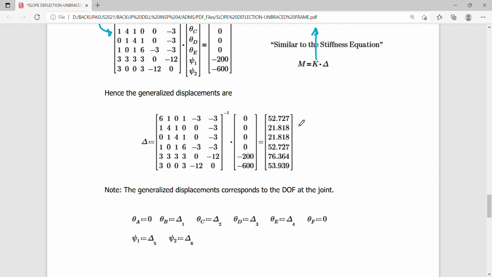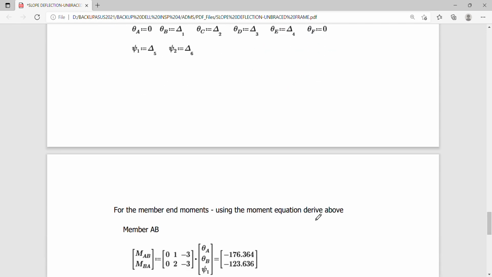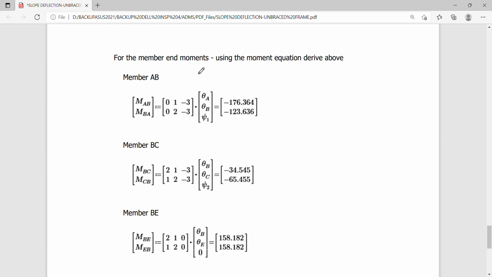So these are now the generalized displacements, meaning to say these are actually corresponding to the degrees of freedom at the joint, which represents your theta at the B joint, the rotation theta at the C joint, the rotation theta at the D joint, the rotation theta at the E joint, and your chord rotation at the ground floor and the chord rotation at the second floor. Of course, theta A and theta F are known to be 0 because there are no rotations, so you just fix them here in order for you to get the value of your member end moments.